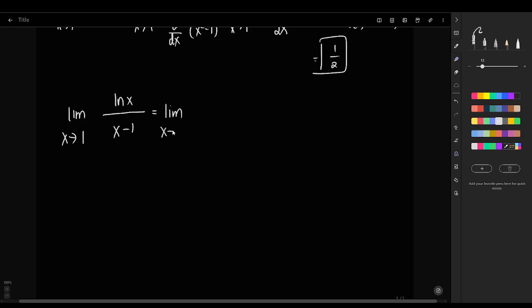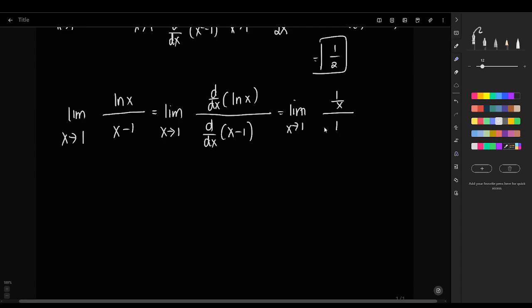So copy the limit and derive the numerator and denominator with respect to x. That is d over dx of ln x over d over dx of x minus 1. So this is equivalent to the limit as your x approaches 1, no? And this is 1 over x all over 1, right? So you could plug it in.